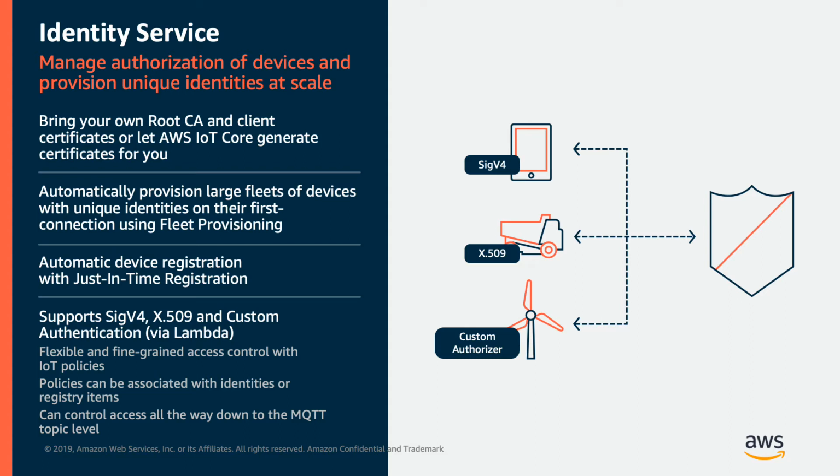There's also the ability to automatically provision large fleets of devices with unique identities on their first connection using something called fleet provisioning. There's also support for SigV4, X.509, and custom authentication if you want to leverage things like AWS Lambda to help negotiate added support for identity.